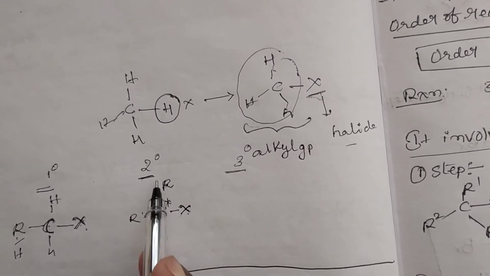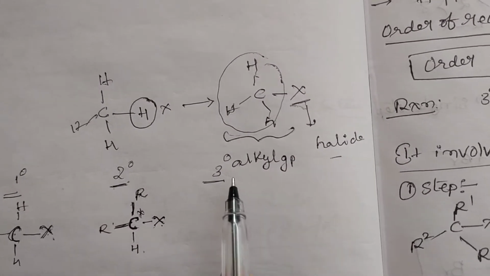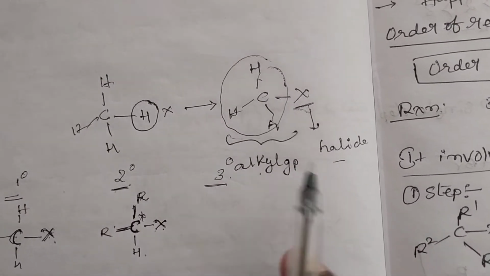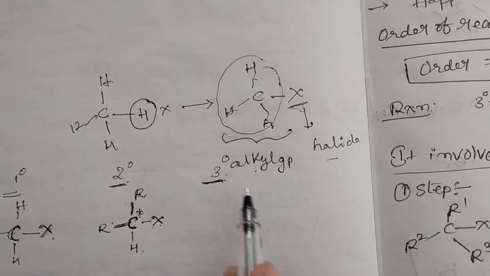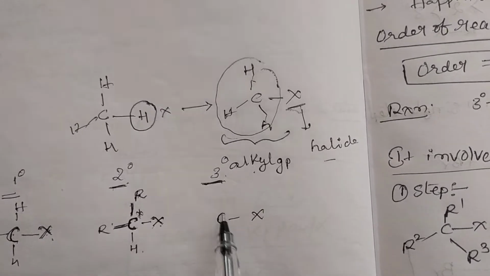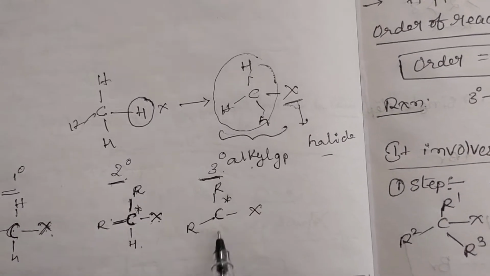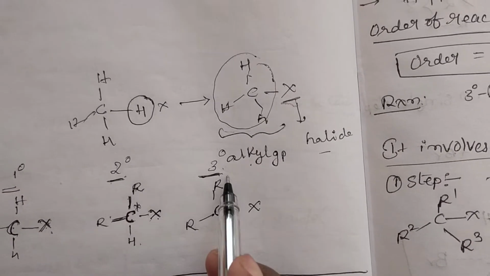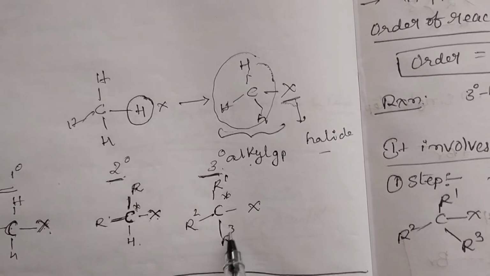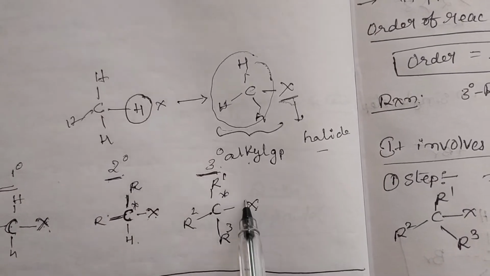It is called a secondary alkyl halide. Then what is the third one? Tertiary alkyl halide. That means the halogenated carbon, like this, is attached to three alkyl groups, 1, 2, 3, and is called a tertiary alkyl halide, right?